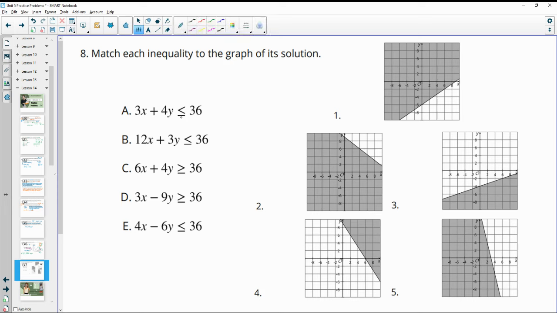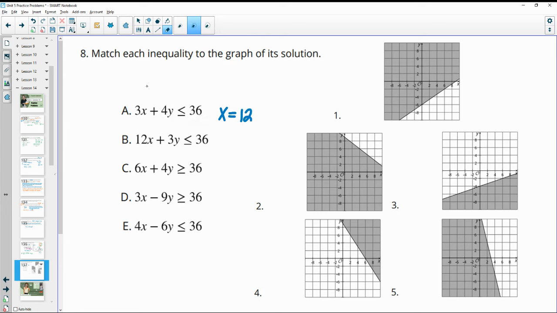So then, since these are in standard form, I like to figure out the intercepts. So I like to figure out where the X is going to cross. And I crossed this out because the Y is 0 on the X axis, right? So the horizontal intercept. That allows us to just divide by 3 and get the X value. So X equals 12.